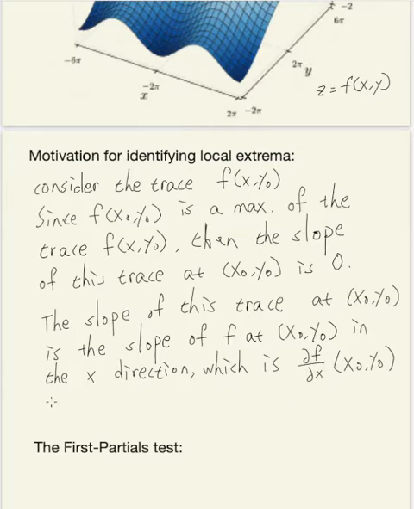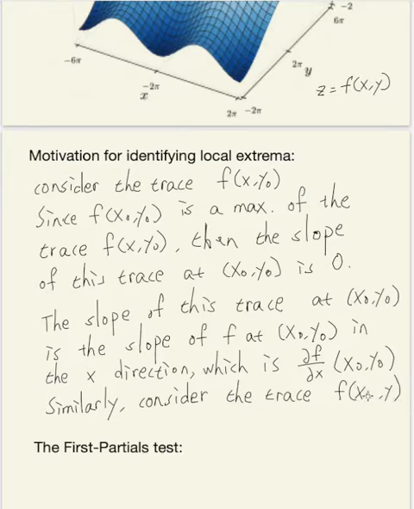Okay, and then use the same argument. Consider the trace of fixed x coordinate, so f of x naught, then y.